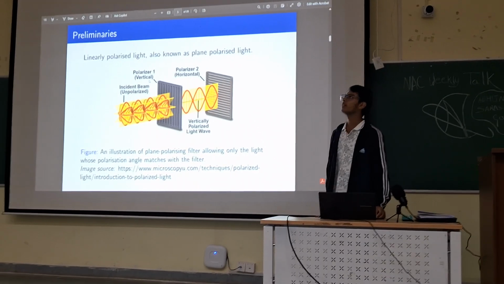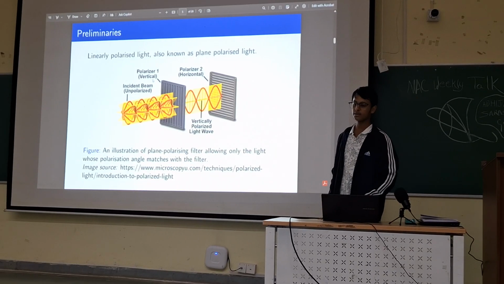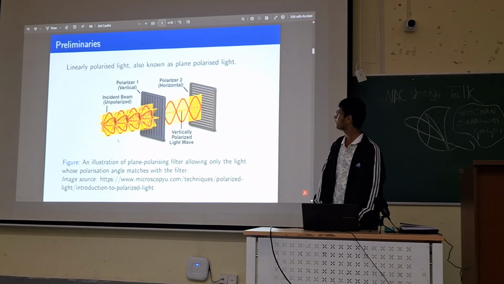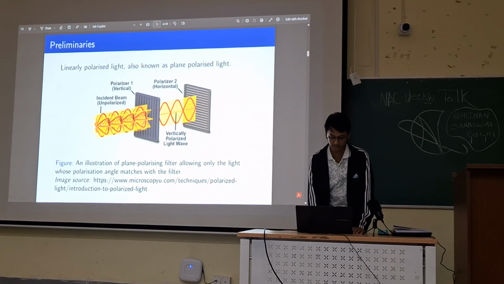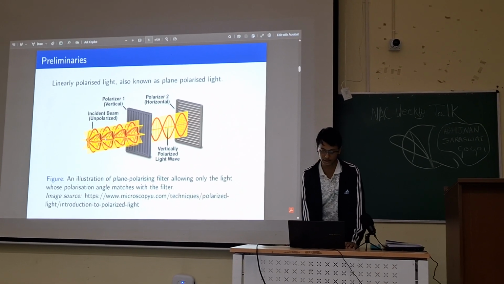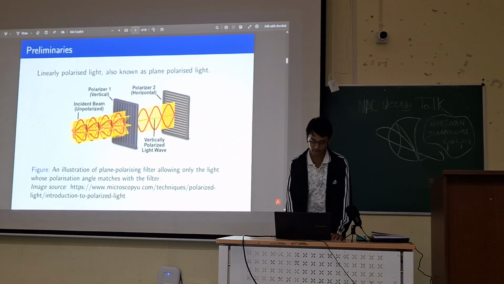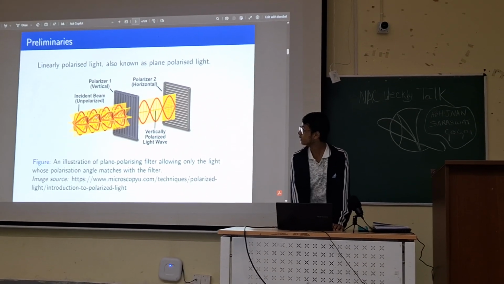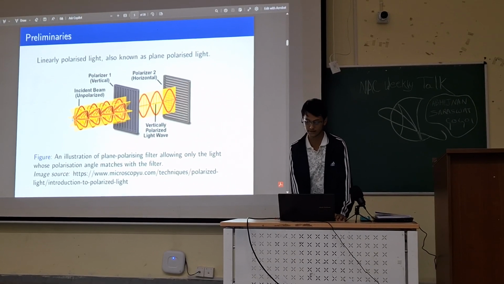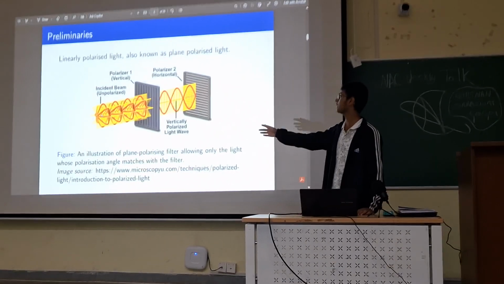Ordinary sources, like the lights around you, give unpolarized light. In this figure we have shown only the electric field, not the magnetic field. You can see that the electric fields are oriented randomly in every direction. So this is unpolarized.